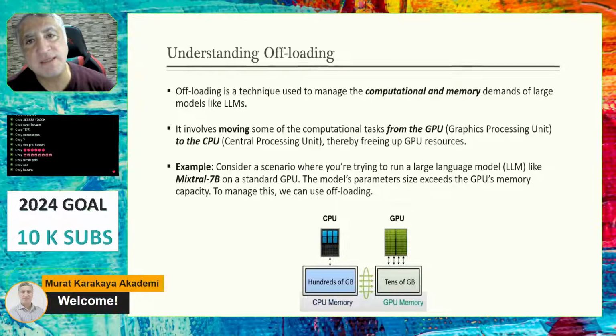Okay, now we are going to see the second method, offloading. In offloading, again, the idea is the same. During inference time, we would like not to keep all the weights of all the layers in the GPU memory, but to split the model into layers, and whenever they are required, we upload these layers to GPU memory.